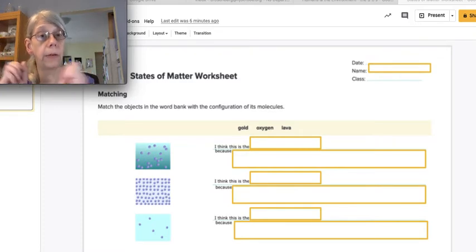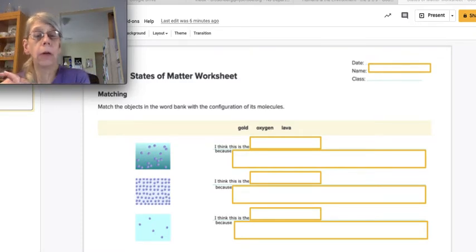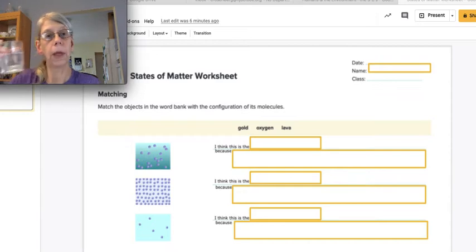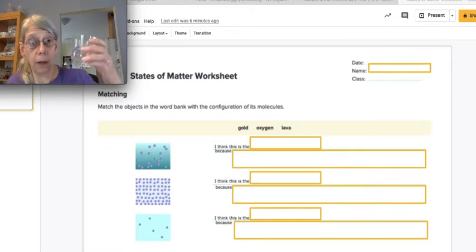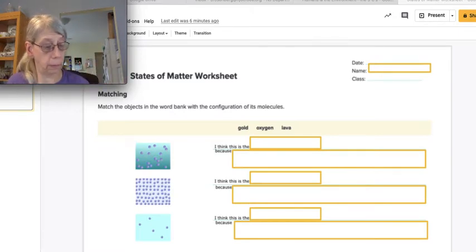Because remember, matter is something that has volume and mass and can't be easily destroyed. Okay? So this glass has some volume, and it takes up some space. It has mass. I have to put in some effort to pick it up. Okay? But the particles in the glass are only moving a little bit.